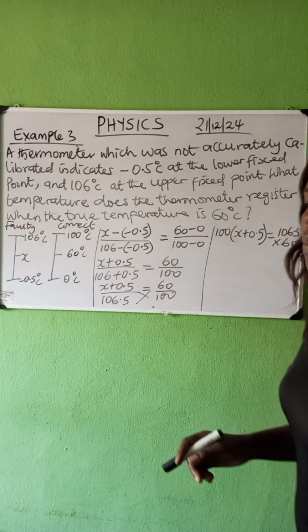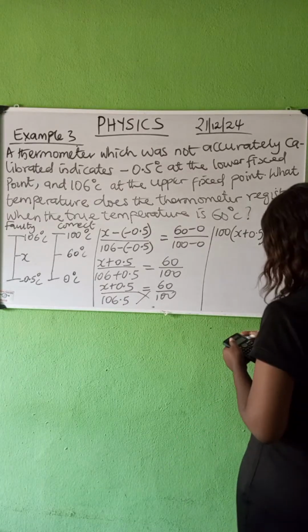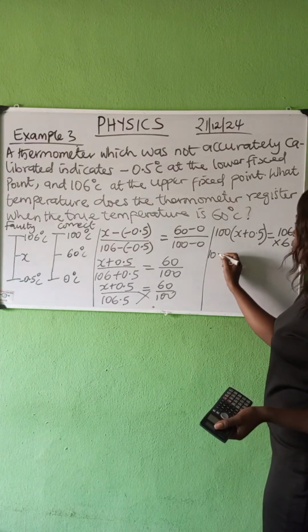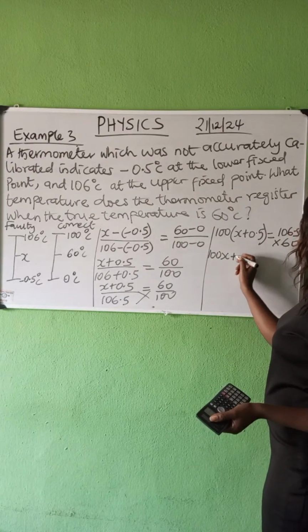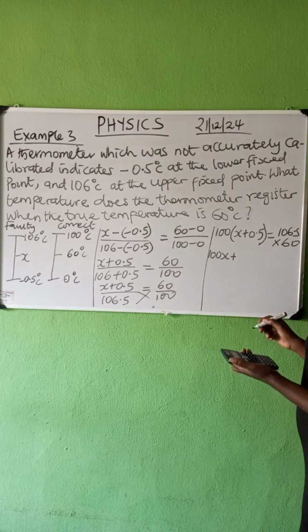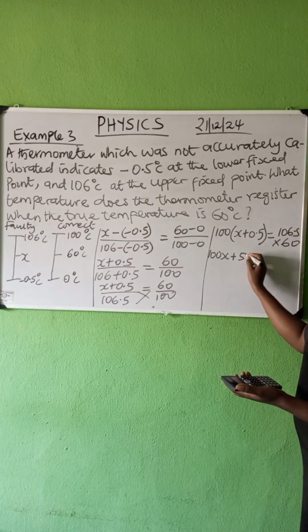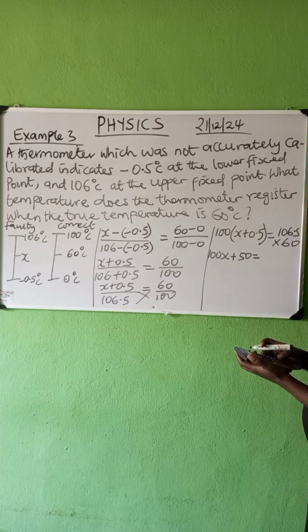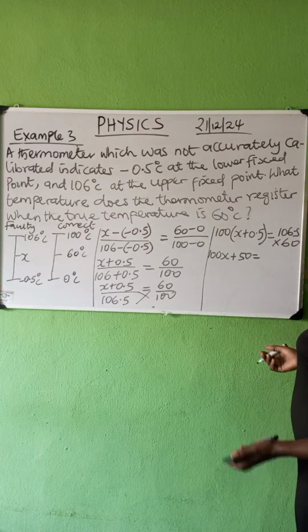Now let's open the bracket by saying 100 multiplied by x, that is 100x, plus 100 times 0.5, that is 50. Yes? Hope I'm not mistaken. 100 multiplied by 0.5, that is 50, okay?